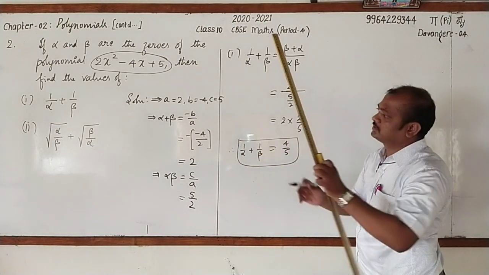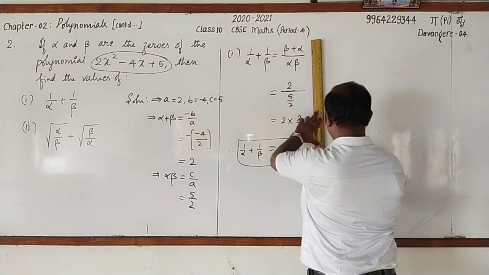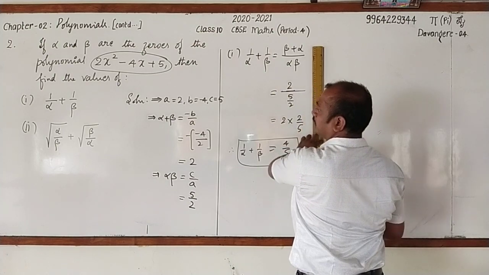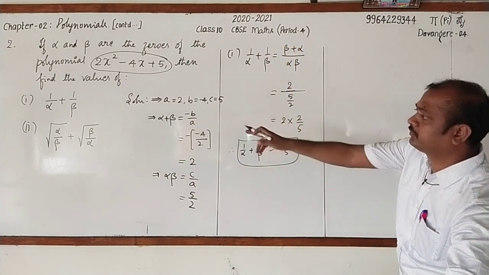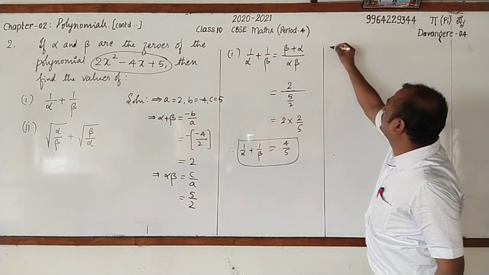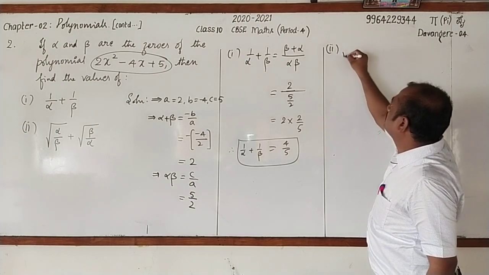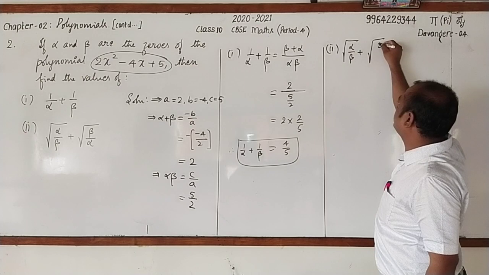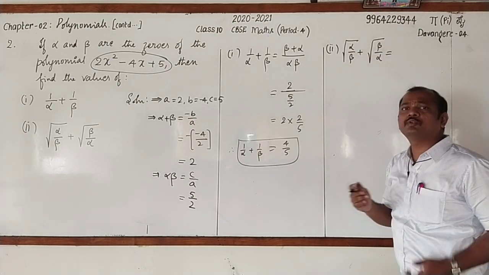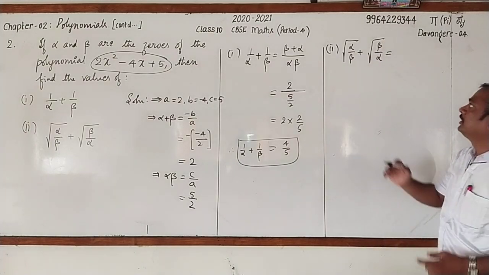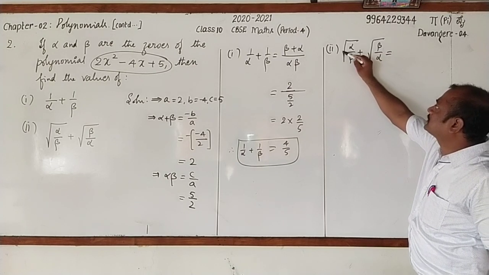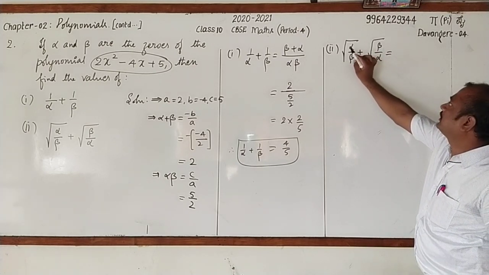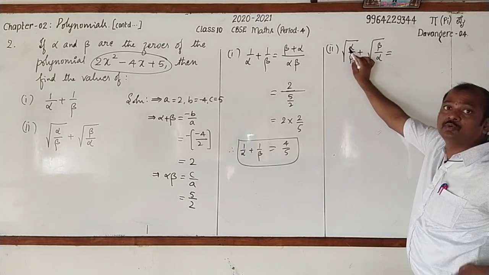The second one is that you are going to find the value of square root of alpha by beta plus square root of beta by alpha. Here I write square root of alpha by beta plus square root of beta by alpha. How do you simplify this? Here each term is in p by q form, and let us apply the root to each term.